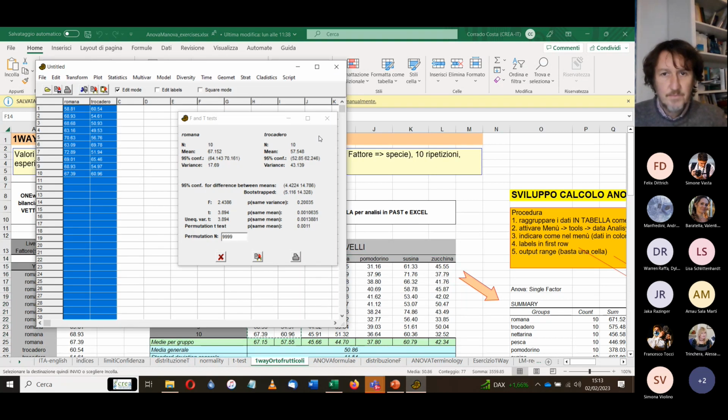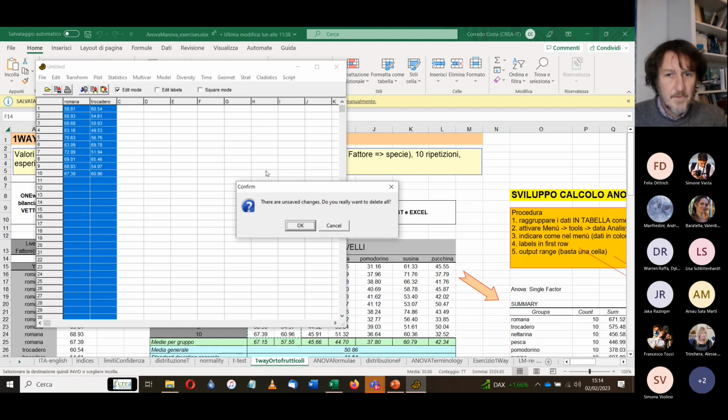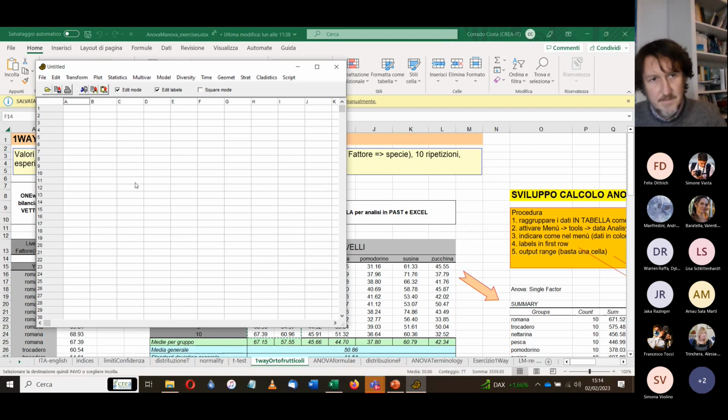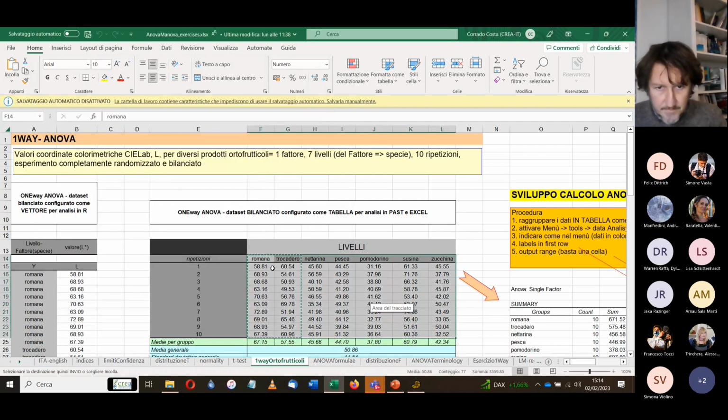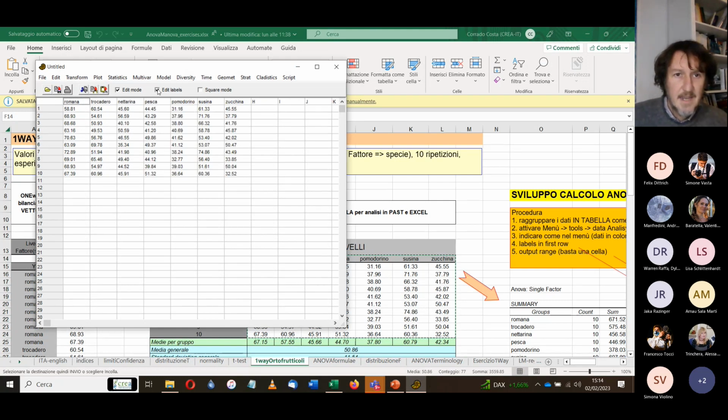So we go to paste, file, new, edit labels, click in A and paste. Copy all of this and paste here. Okay, and again, edit labels.